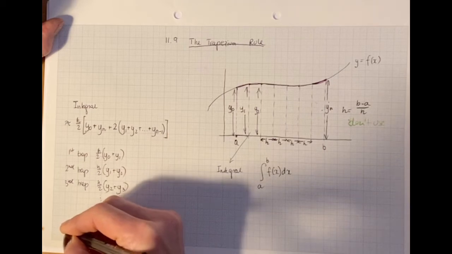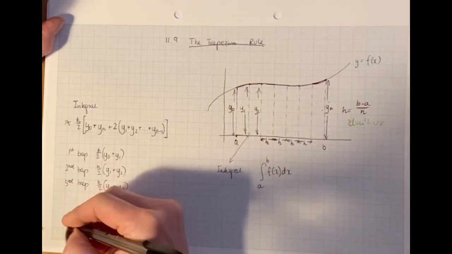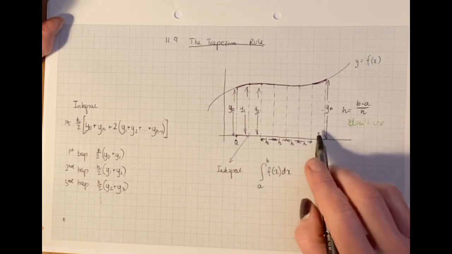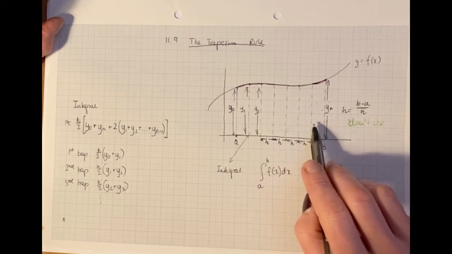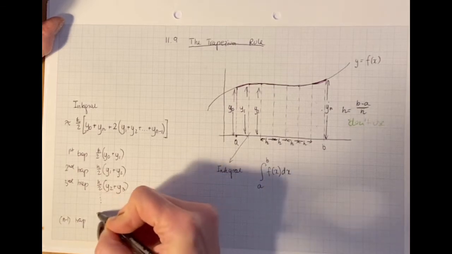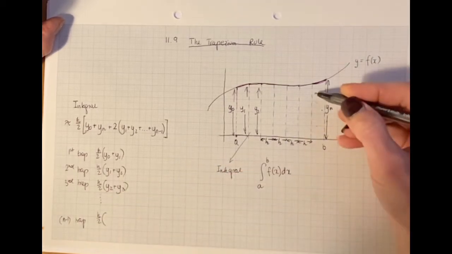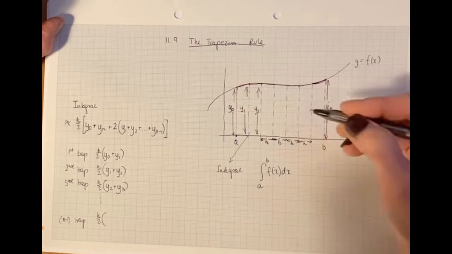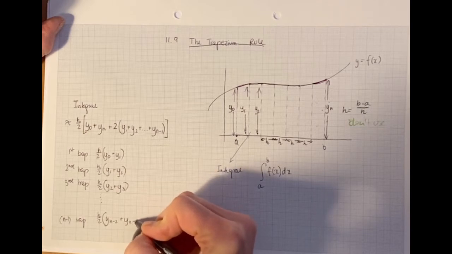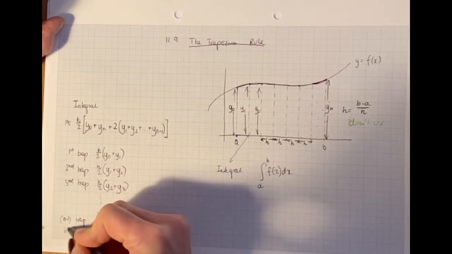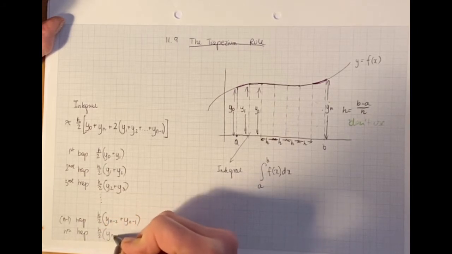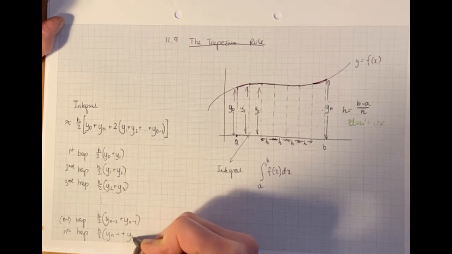The last one, if that's going to be your n plus 1, this is going to be your n trapezium, this is going to be the n minus 1 trapezium. You will have h over 2 times yn minus 2 plus yn minus 1, and the last one will have h over 2 times yn minus 1 plus yn.